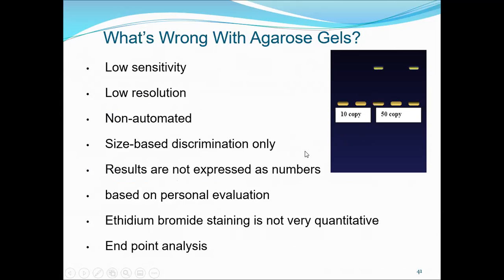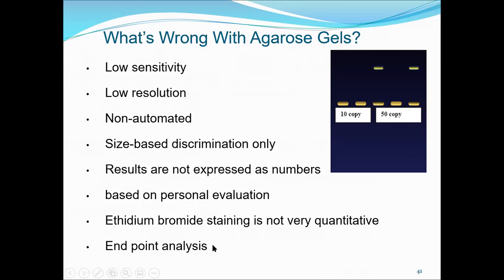And ethidium bromide staining is not very quantitative, so you can see in this particular case and in this one, the thickness of the bands having 10 initial copies of the template DNA and having 50 initial copies of the template DNA is more or less the same. So you don't know what was the actual template copy in the original sample, because you tend to get the same thickness of the band.